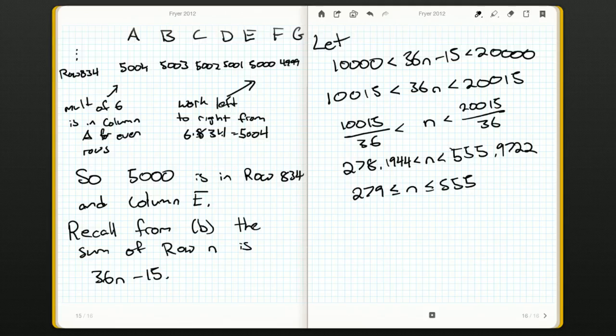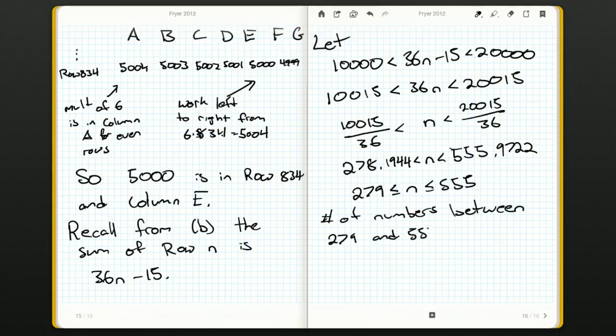So it's definitely the range we want. So any row n satisfying this range of numbers is going to work, and those are exactly the ones we want.